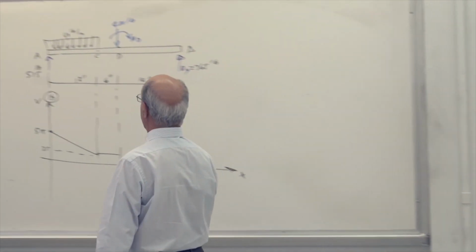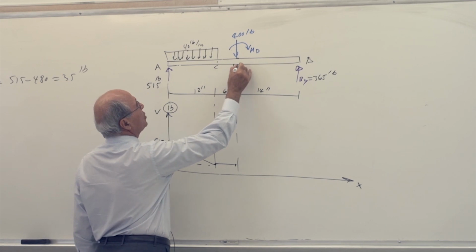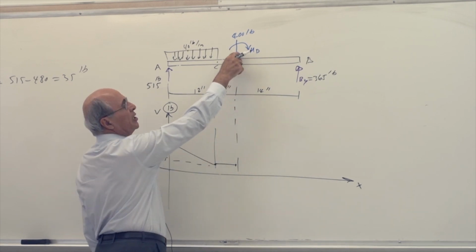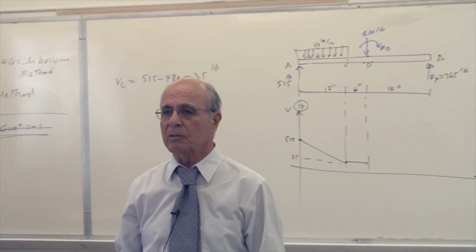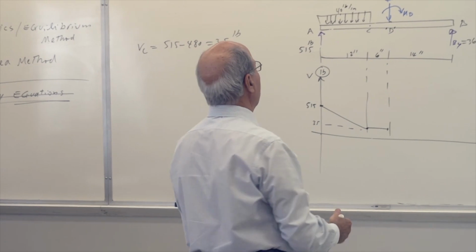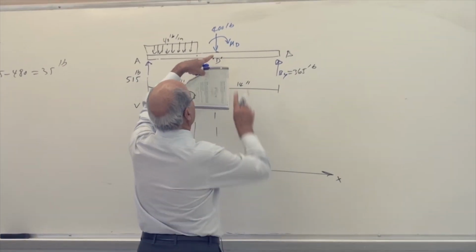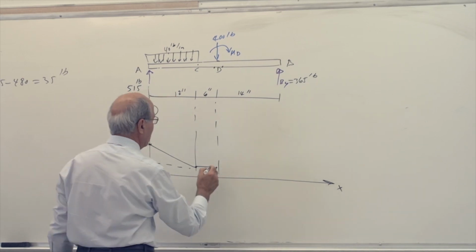Right now we are at D minus, yes or no, where you are here. As soon as we pass that point, there is a 400 change in the value of the shear, yes or no? The only question, should I go up or should I go down? Of course, I have to go down because this is down. The action here afterward is upward. That system is negative, so I must be going down.